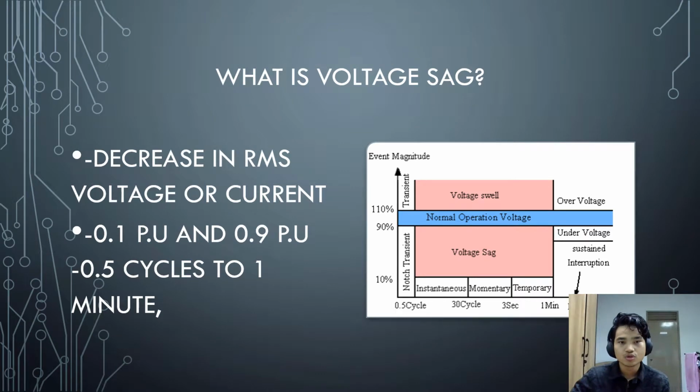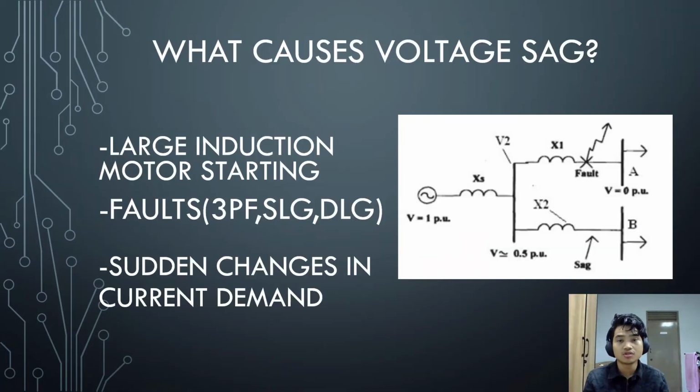Okay. So when and what causes voltage sag? What causes voltage sag is basically a sudden change in current consumption. Let's say you're connected to another load, and the load is suddenly drawing an extreme amount of current that it usually is not consuming. So what will happen?